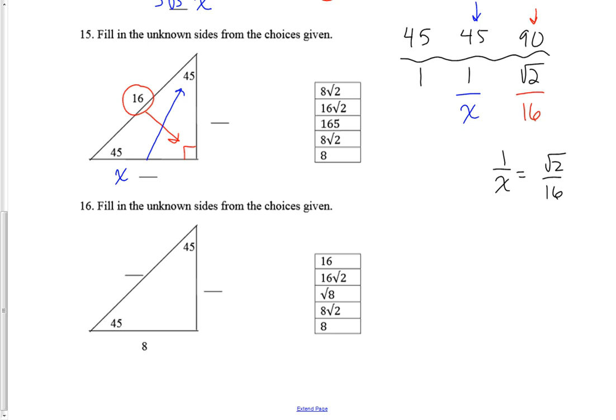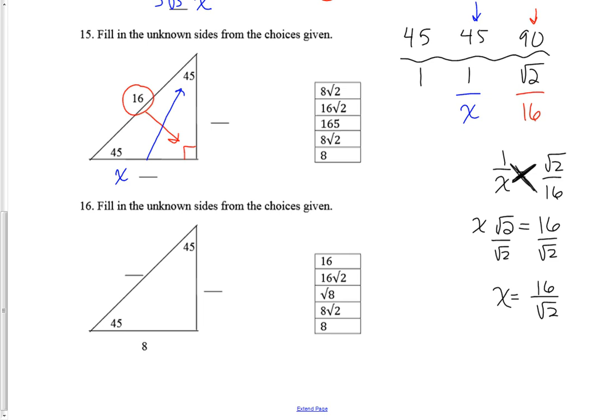And then I'm going to cross multiply. So I have x times the square root of 2, which is silly, but that's exactly what I have, is equal to 16. Now to get x all the way by itself, I need to divide by the square root of 2. And when I do that, I get x is equal to 16 divided by the square root of 2.